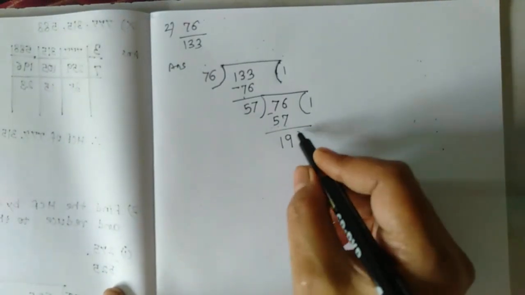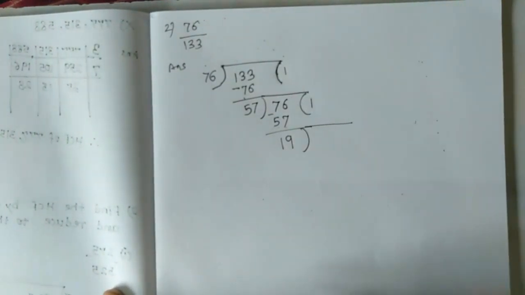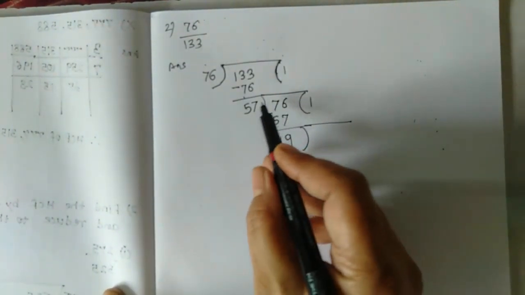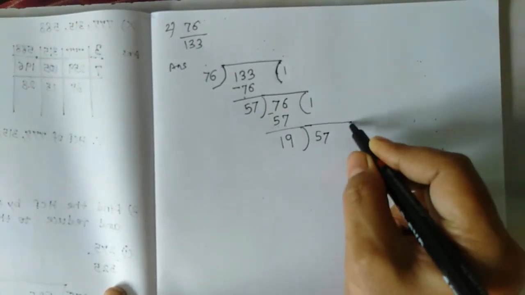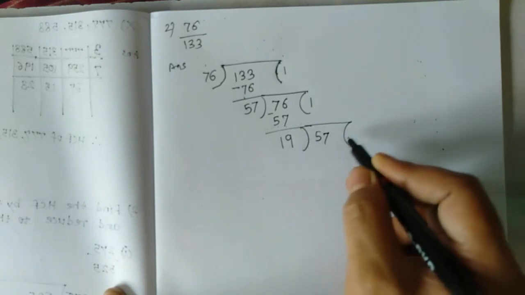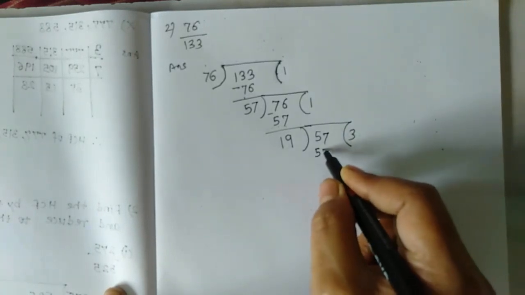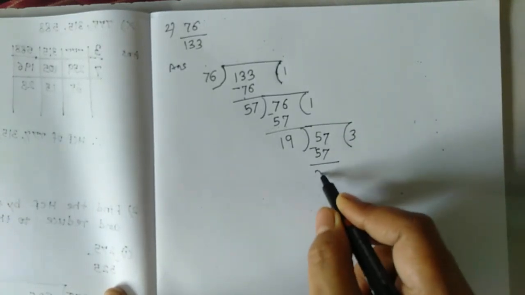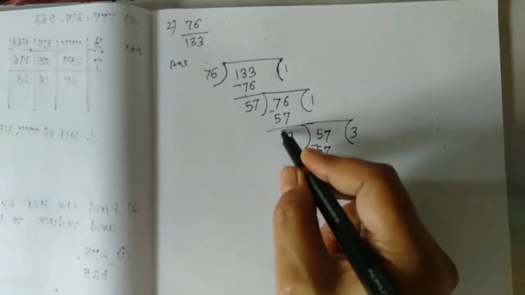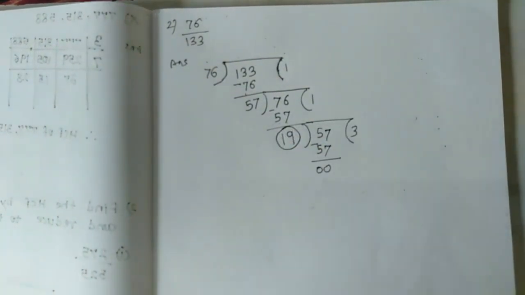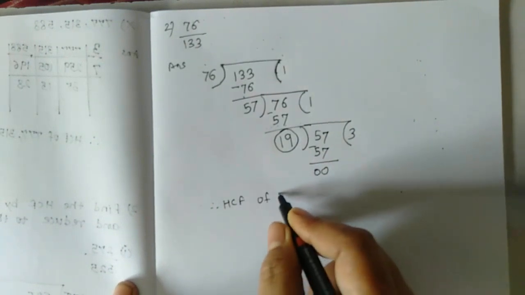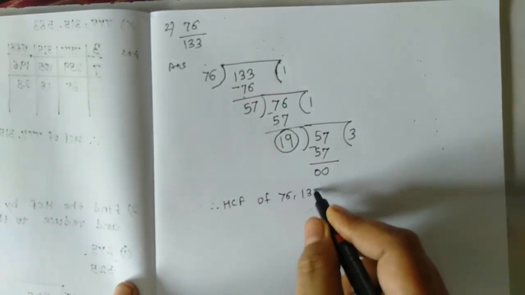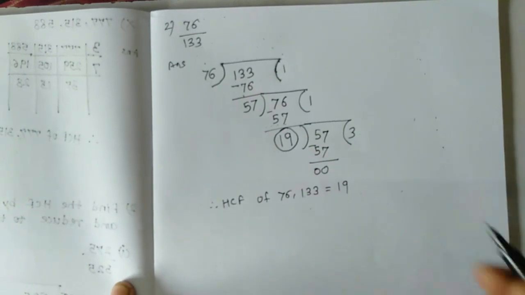So 19 becomes the divisor for the next step. 19 threes are 57, so the remainder is 0. So 19 is the SCF. Therefore SCF of 76 and 133 is equal to 19.